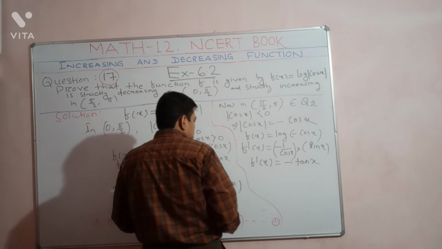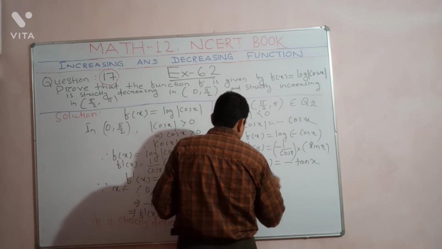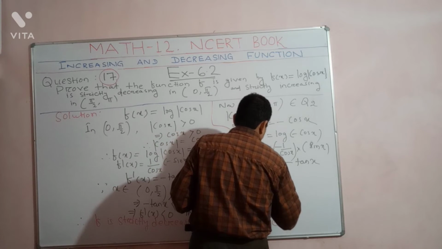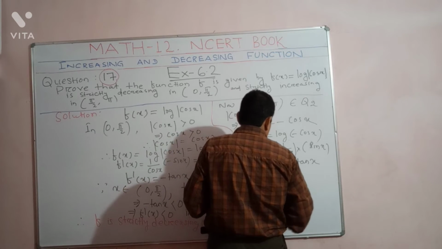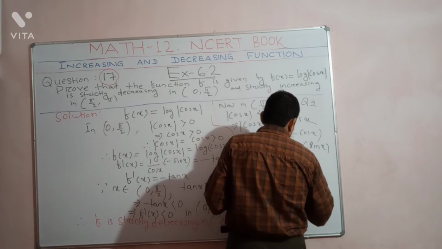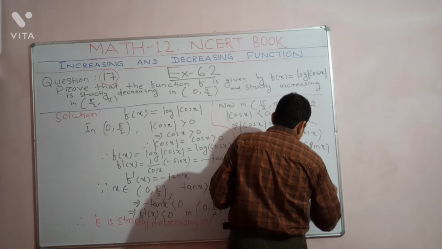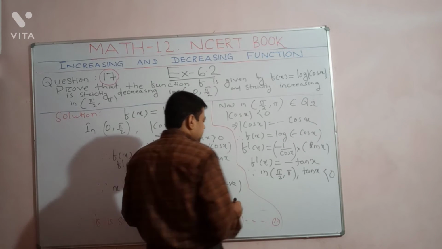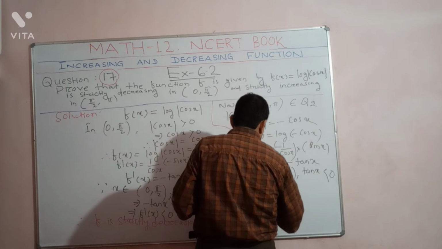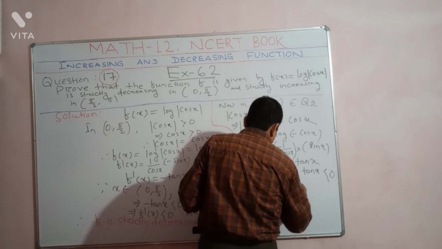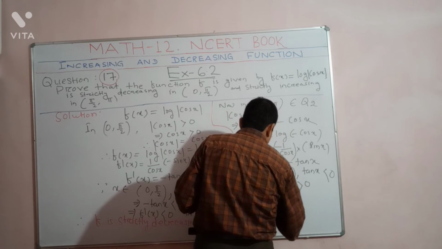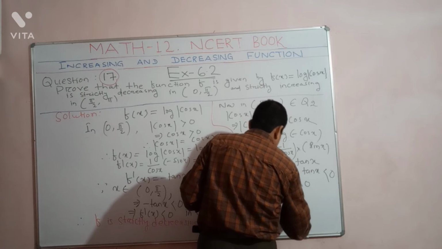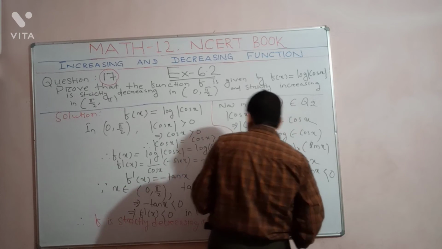Understand? Since in the interval pi by 2 and pi, what happened? Tan x is less than 0, negative. In the second interval, the tan x is negative. That implies minus tan x is what? Greater than 0. That implies f dash x is greater than 0.